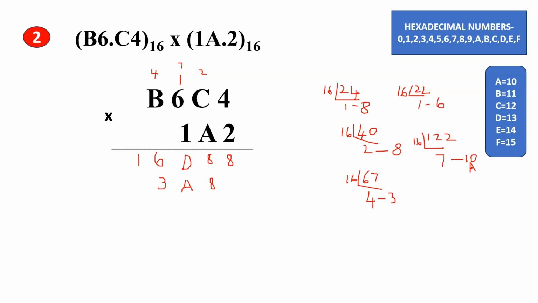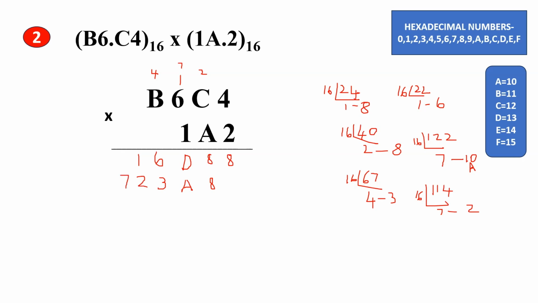Next, A into B. A into B gives us 110 plus the carry 4. So you get 114. Divide by 16 to make it a hexadecimal. So the quotient is 7 and the remainder is 2. So you write the 2 here and the 7 as the carry. So you can write it here itself.